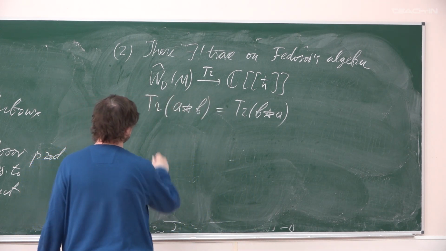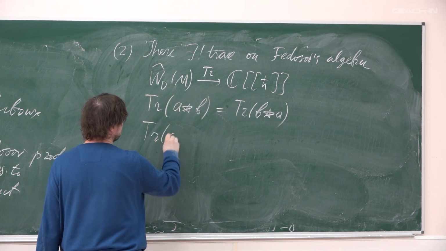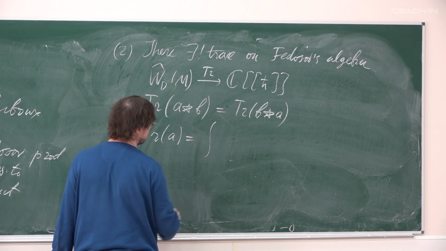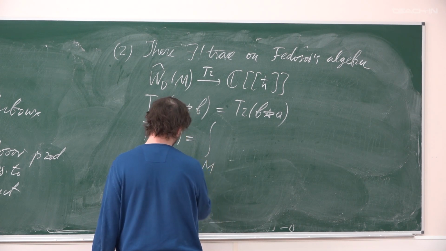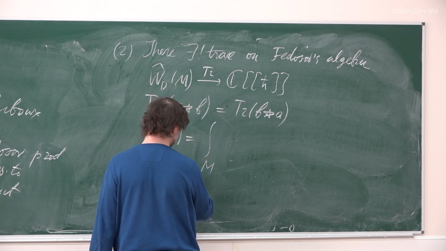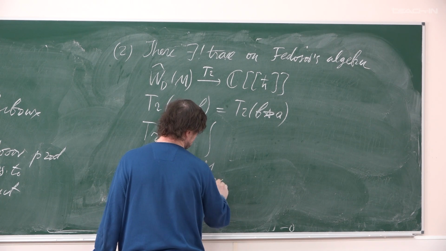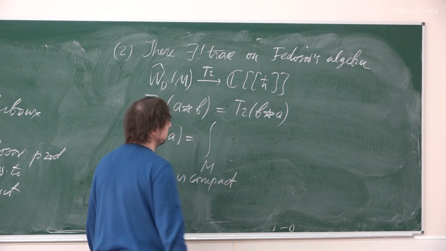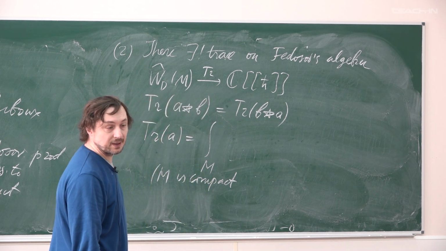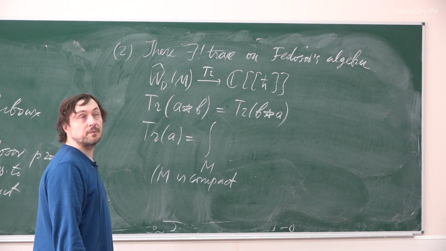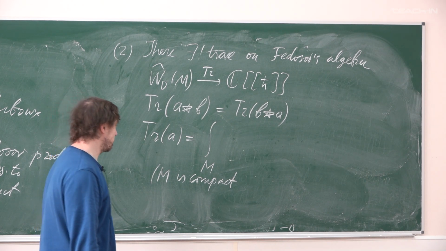This trace is given by the integral over M, supposing M is compact. Otherwise, we need to restrict our attention to the space of sections with compact support.